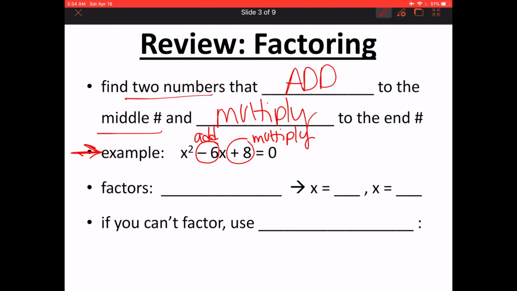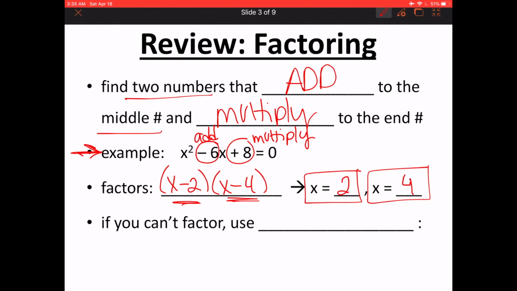The signs do matter. So my two numbers would be x minus 2, x minus 4, because -2 and -4 multiply to +8, add up to -6. So if those are my factors, that means my answers are x equals +2, x equals +4, because to get those, we set each factor equal to 0 and solve.